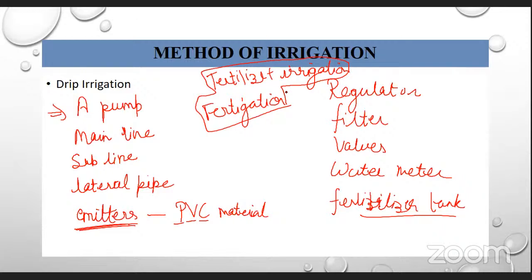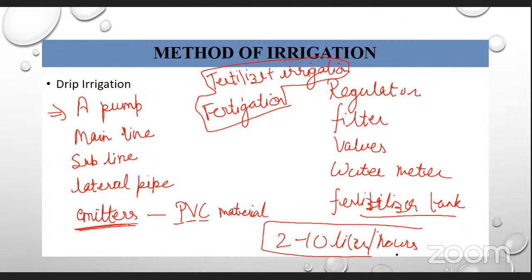The discharge rate of these emitters usually ranges from 2 to 10 liters per hour. This is a very important question: the emitters of drip irrigation usually discharge water at a rate of 2 to 10 liters per hour, at a pressure of 2.5 kg per centimeter square.